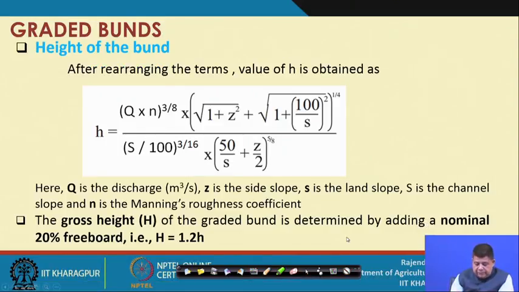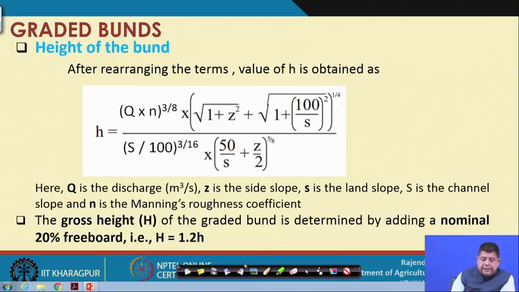After arranging these terms, finally, for h we will get this equation. We are simply simplifying the terms: h equals q times n to the power 3 by 8, square root of 1 plus z squared plus square root of 1 plus 100 s by square, the whole power is 1.4, s by 100 to the power 3 by 16 and 50 s by z by 2 to the power 5 by 8, where q is the discharge, z is the side slope, s is the land slope, capital S is the channel bed slope and n is the Manning's roughness coefficient.